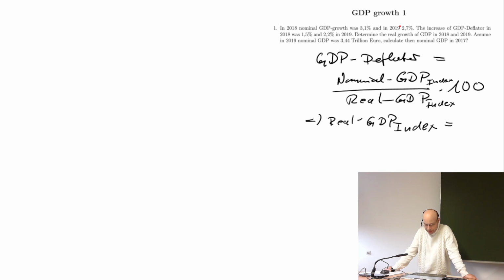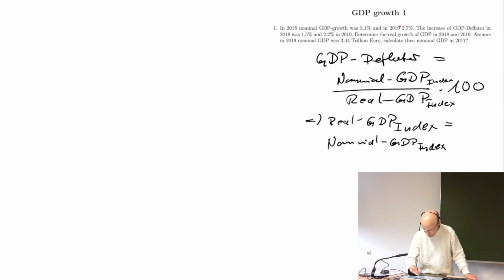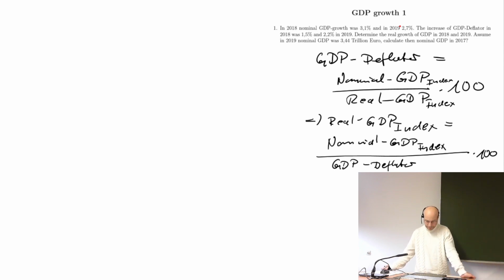So real GDP is then nominal GDP index over GDP deflator times 100. Okay?